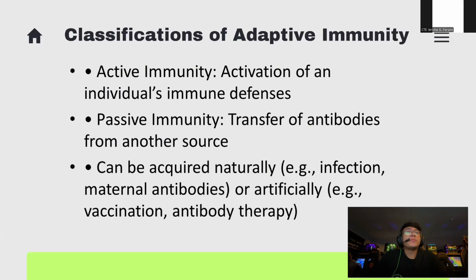Okay, now we've talked about immunity. So let's define one of the terms when it comes to immunity. We have herd immunity. Herd immunity is an essential concept in disease prevention.